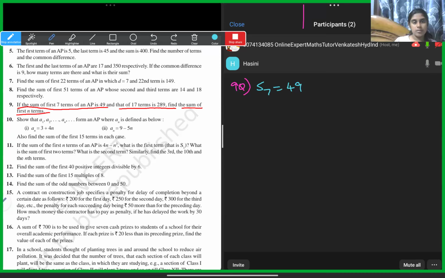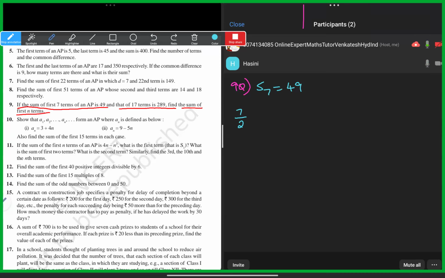So now the sum of 7 terms is 49, meaning 7 by 2 into the formula. You know the formula now, n by 2 into 2a plus n minus 1 into d.